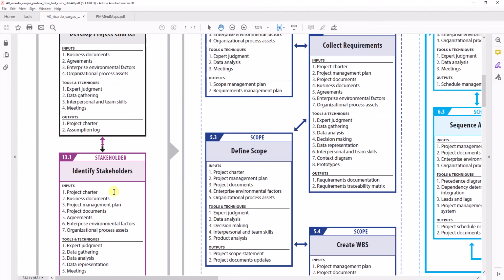So by having expert judgment as a tool and technique, PMBOK assumes that organizations have at least some sort of experience having done projects before and expertise in that particular domain.